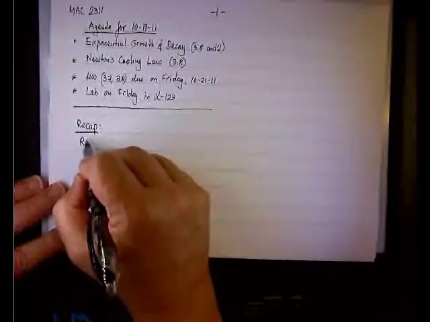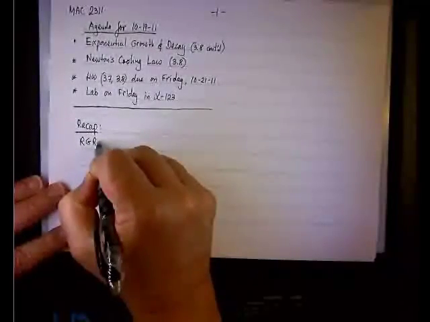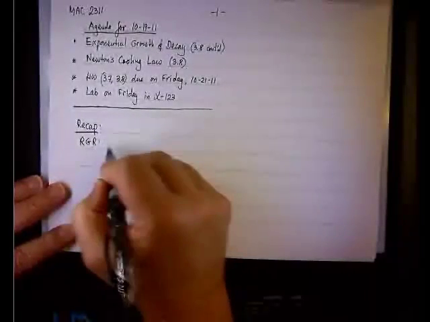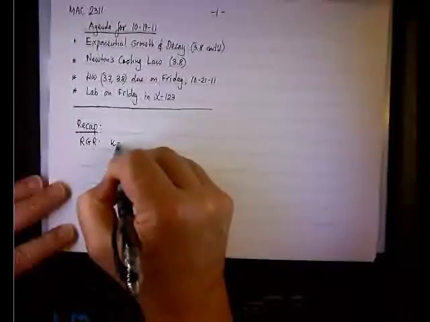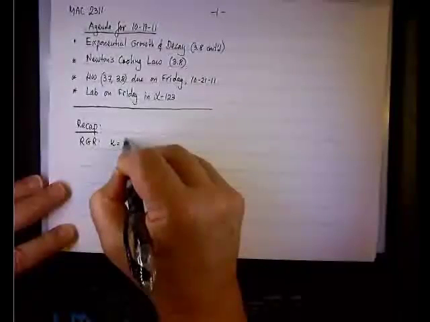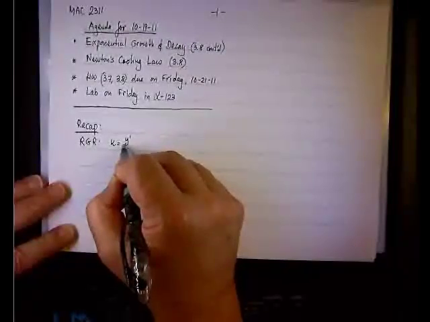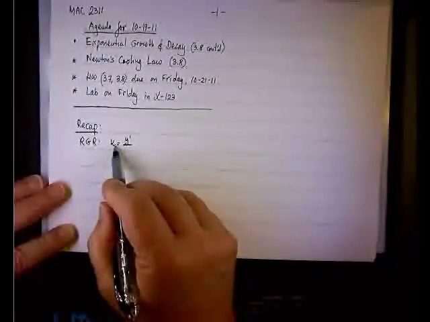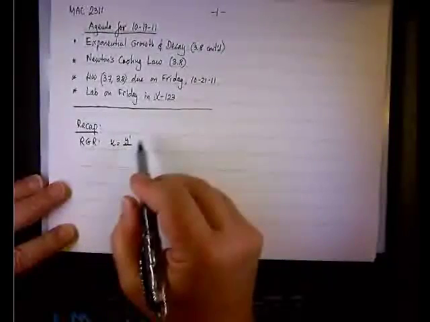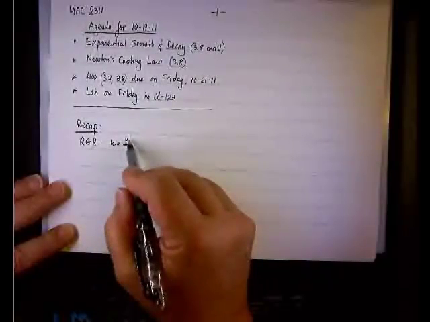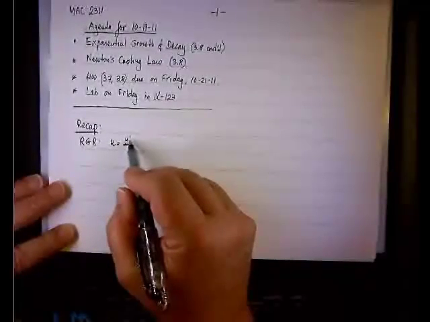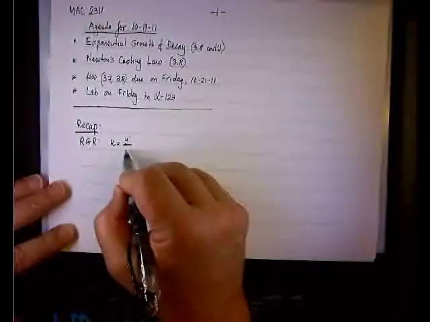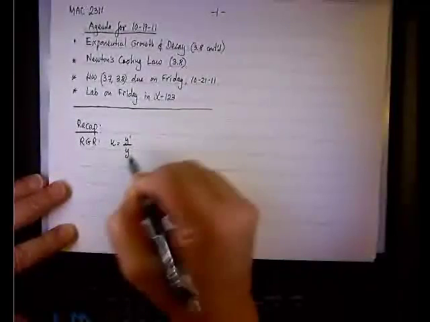RGR, relative growth rate. We're looking at a constant that is equal to the ratio between the rate of change, or instantaneous rate of change, the derivative y prime, over y.